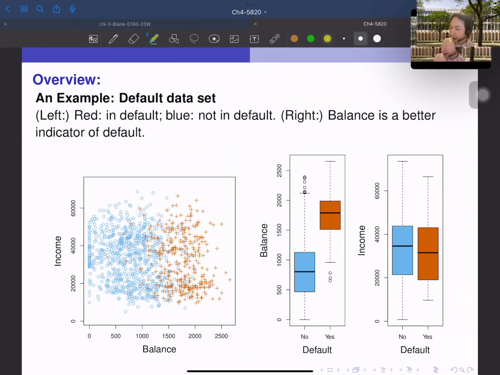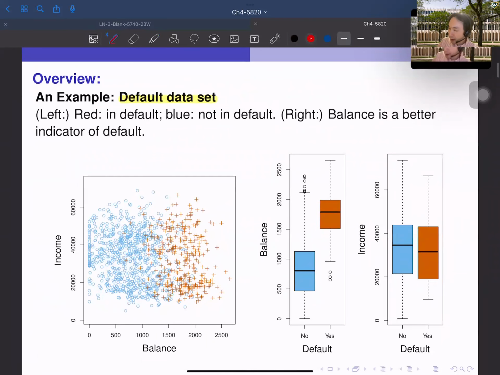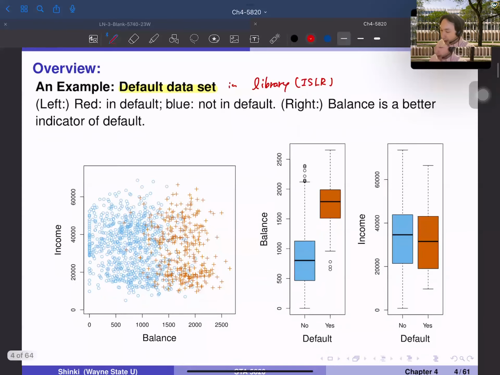So the default dataset is actually in the ISLR package, the package developed by the authors of this textbook. Basically, we have 10,000 consumers' data, and we have several variables.